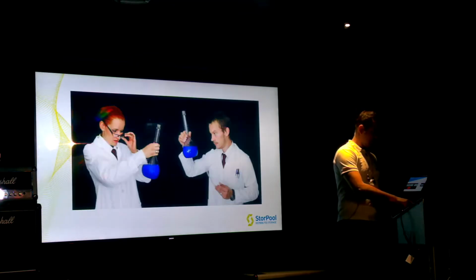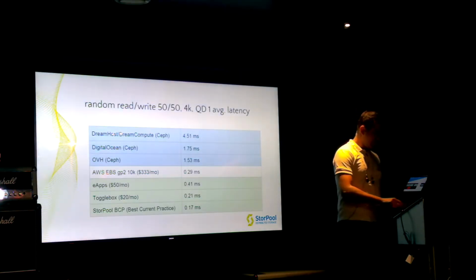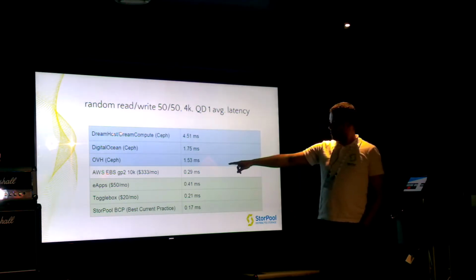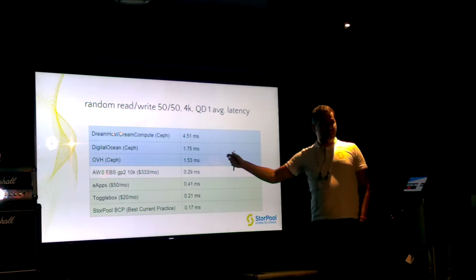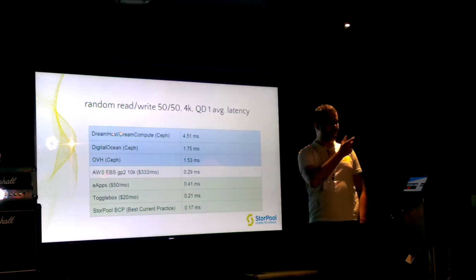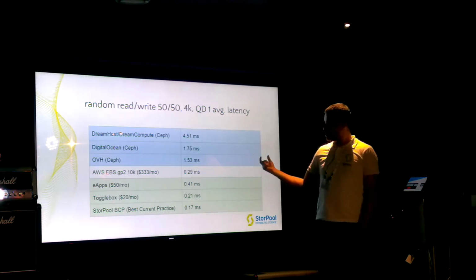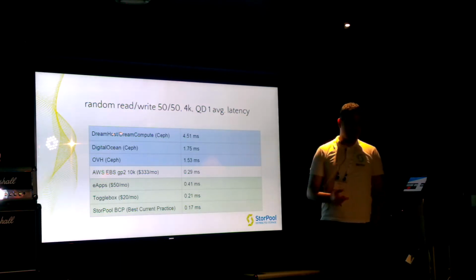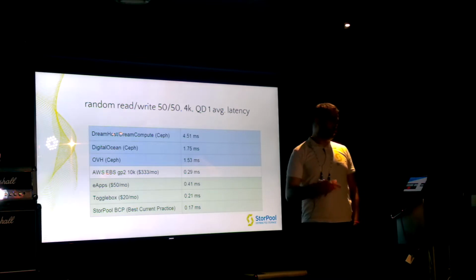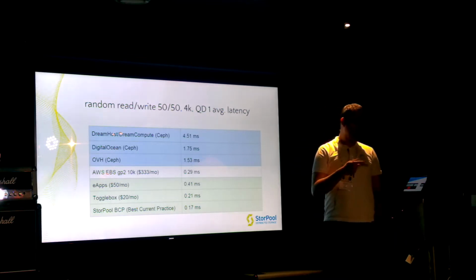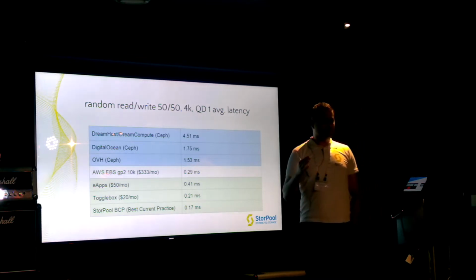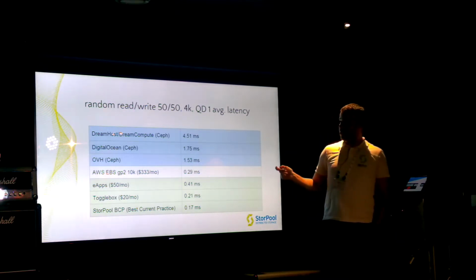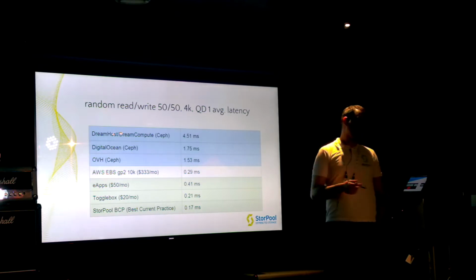Let me see. Here we have taken the price of the storage volume itself, not the VMs. We went and bought virtual machines from all of these providers. They're all production clusters, so we cannot change the utilization or how many users are running on this service.